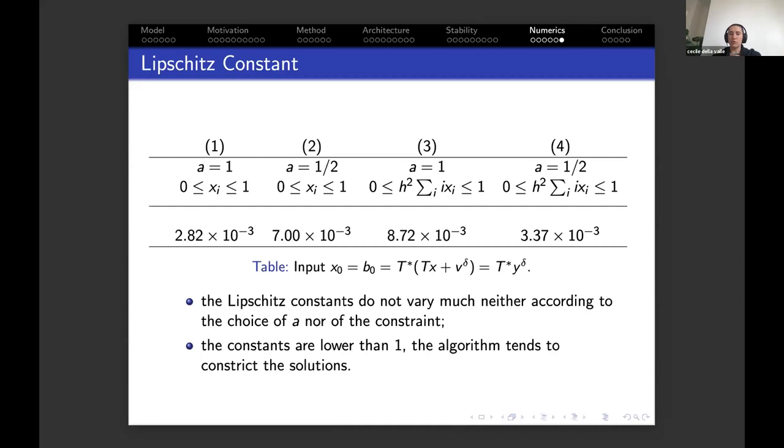And the constants are lower than 1, even very low. The algorithm tends to constrict the solutions. This can be explained because the space of solutions is smaller than the space of the input.